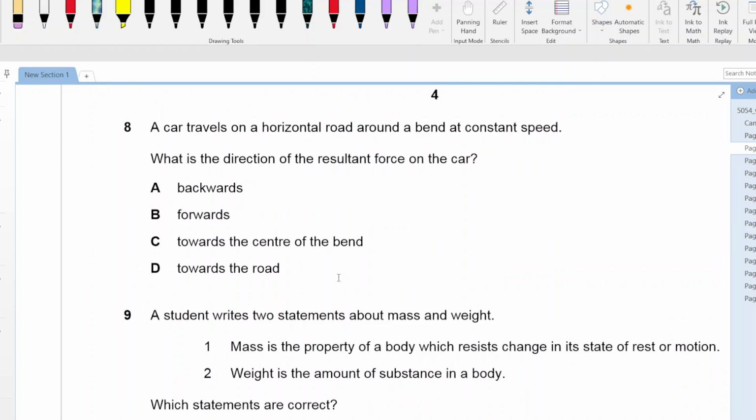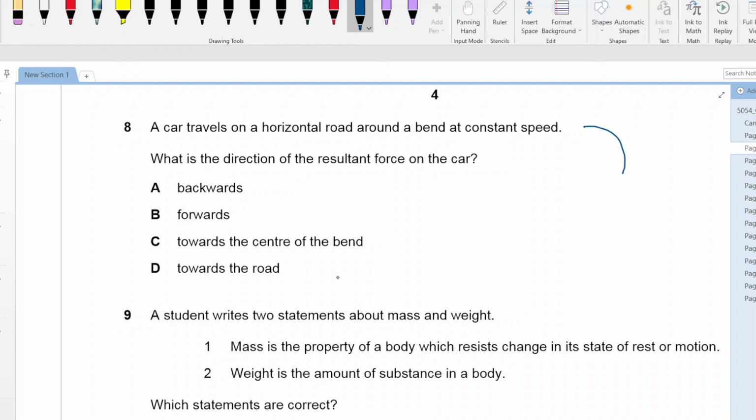A car travels on a horizontal road around a bend at constant speed. Bend means like this. And for this case, what is the direction of the resultant force on the car?